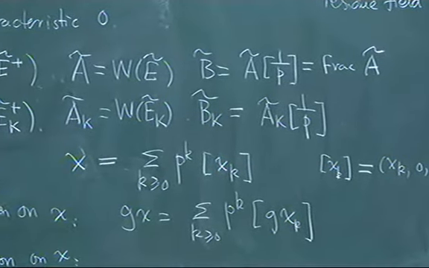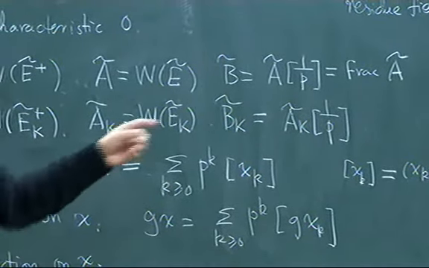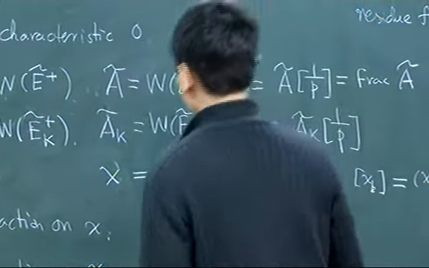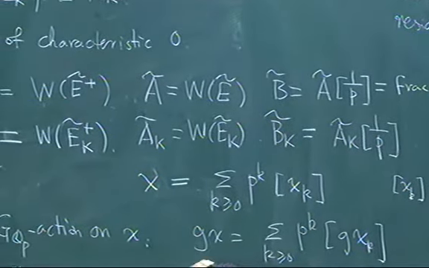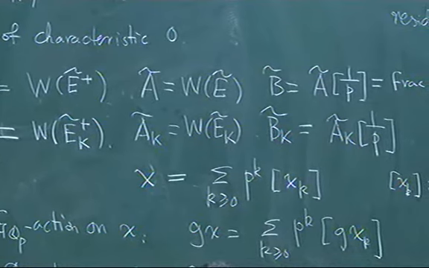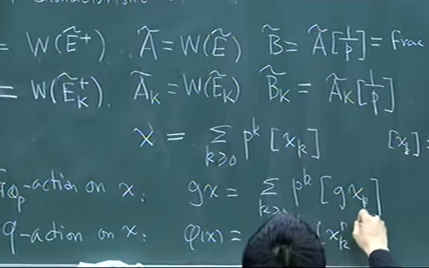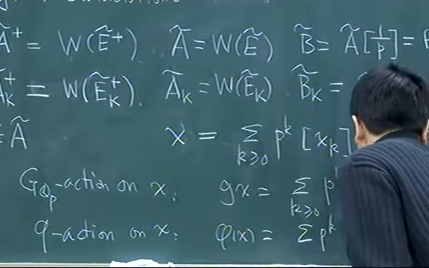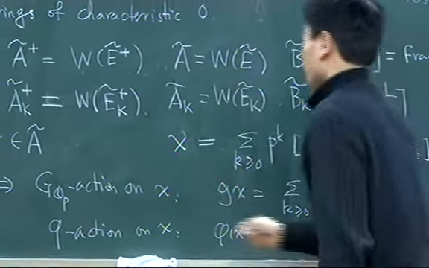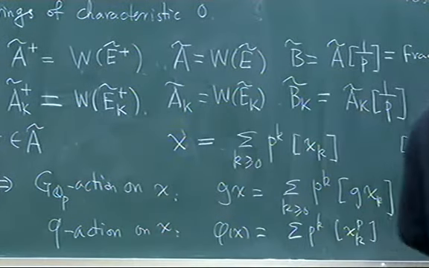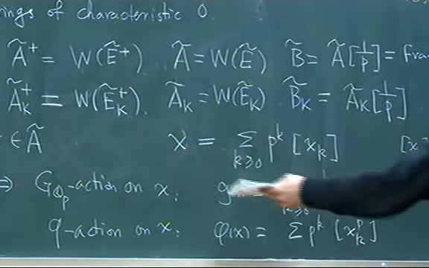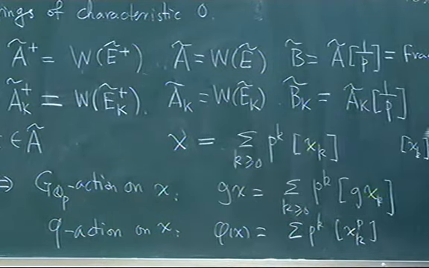So in characteristic p, the phi is always the Frobenius. You always have this. So for this one, you can also have phi of x is x_k to the power p. Okay? So that's the thing about the action we have.